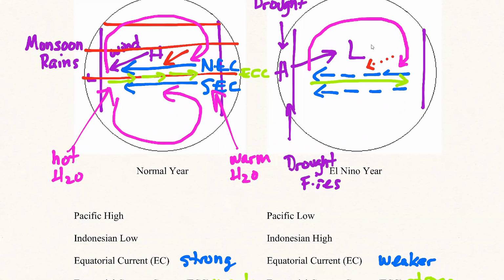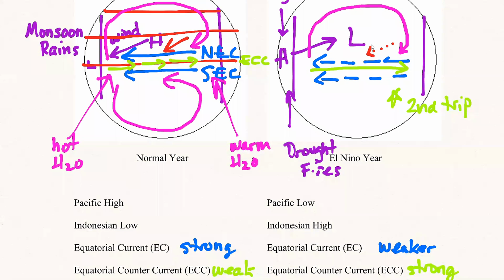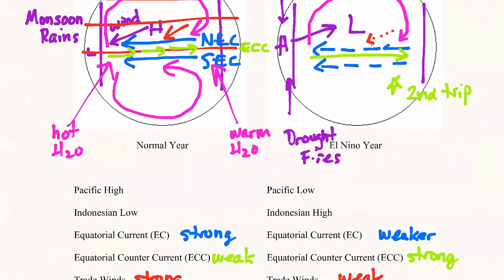Let me do this in green. The net effect is we have a second trip, and that second trip is across the equator. So we get a second trip across the equator. What's that going to do to the water temperatures?